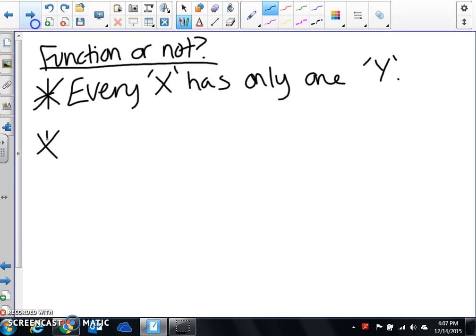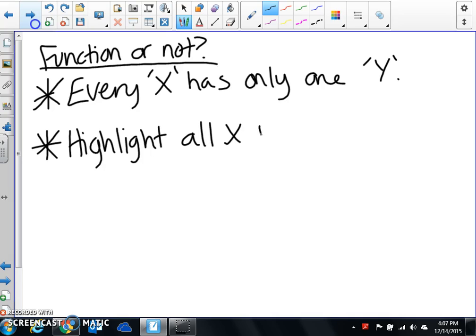So what that tells us is we are going to highlight all X values.